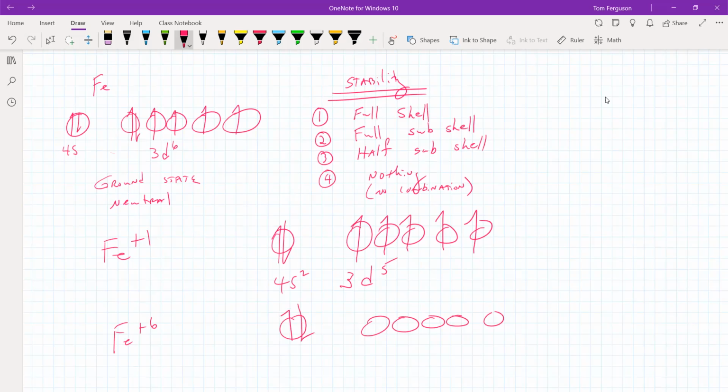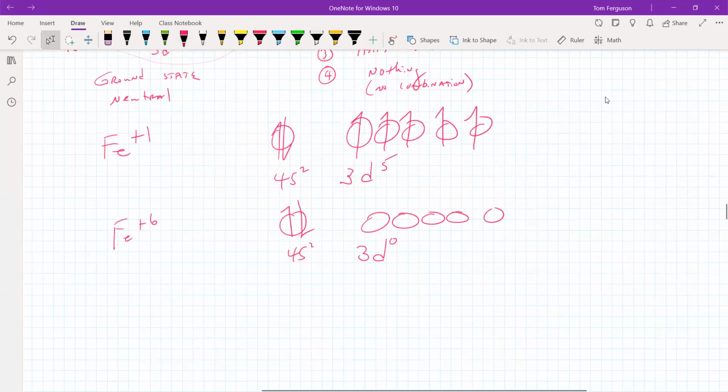So basically, we take away all of those. That would be 4s2, and you can write 3d0 if you want, or you can just leave it off. I like to write it because those orbitals do exist, it's just that there are no electrons in them. That's a very rare ion, by the way. So far, the Fe+1 is the most stable between the two.